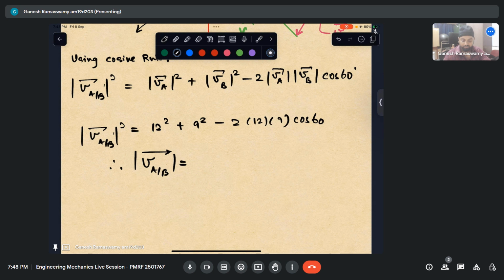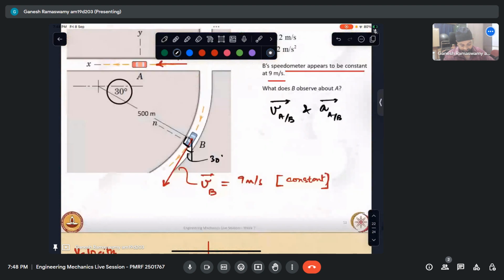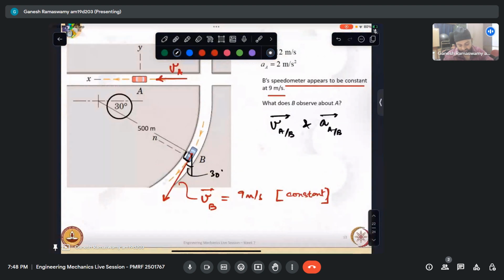So this is 10.8 meters per second in this direction. So as B moves this way, it appears that A is going that way.